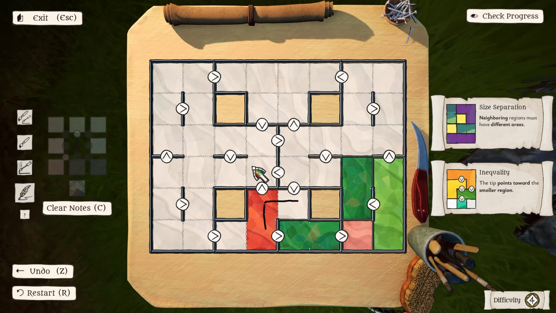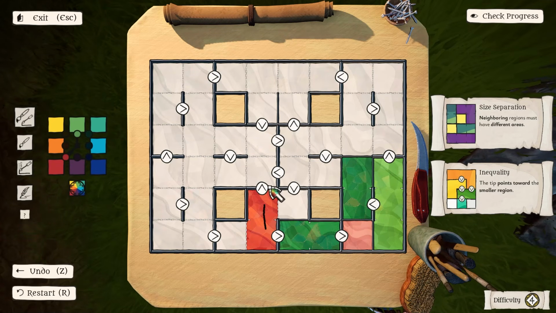That's fine. This is because these don't go in the same direction. These can be the same thing. These do all go in the same direction, which means that those have to be separated. Yes.